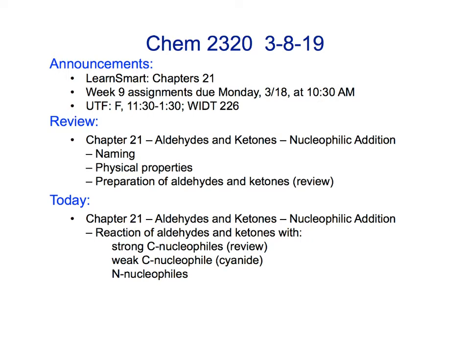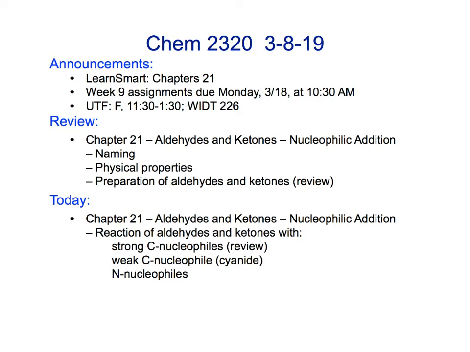So today we are going to first just review quickly from last chapter what happens when we treat aldehydes and ketones with strong nucleophiles. I added an extra slide because I forgot to do this one. Then we are going to look at two different types of nucleophiles today.